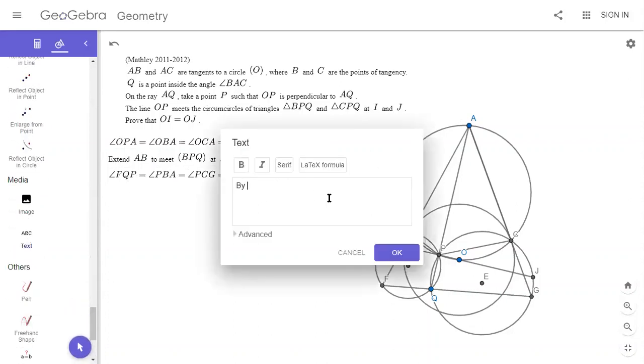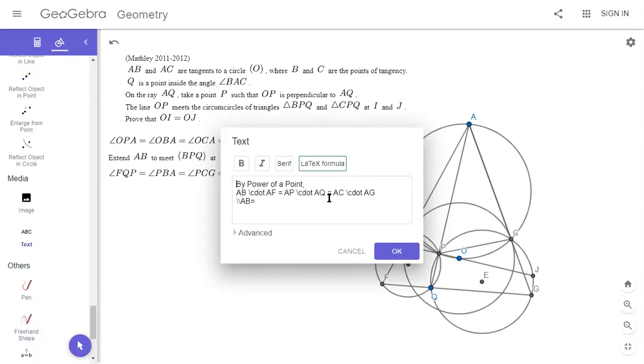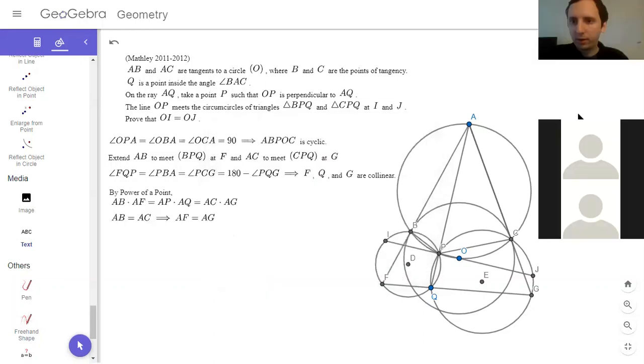So, and then AB equals AC implies AF is equal to AG. All right. Let's see.